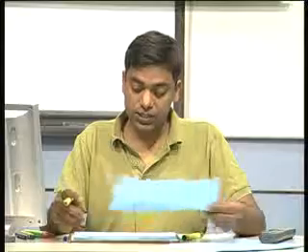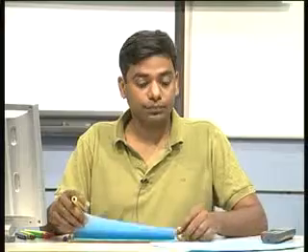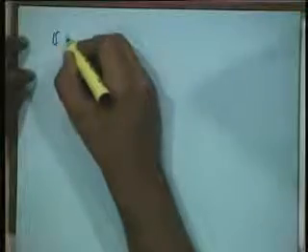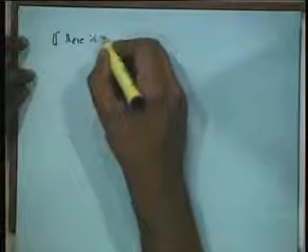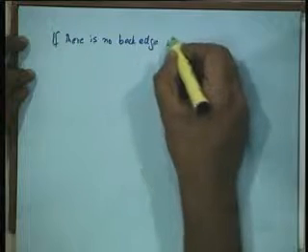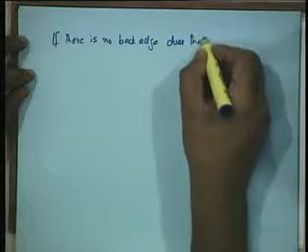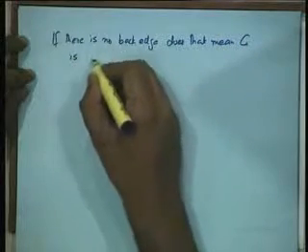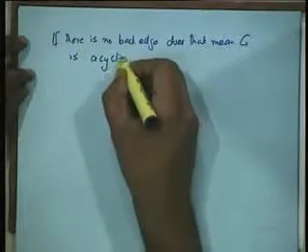If there is a cross edge, does that mean that there is a cycle? So, the question is, if there is no back edge, does that mean G is acyclic? I am using a term here.